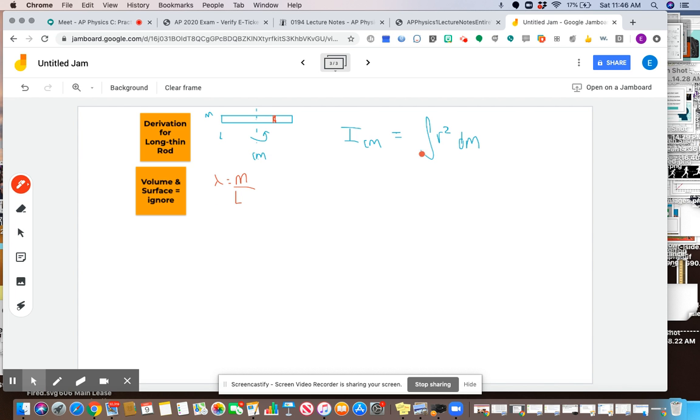We need an expression for the whole mass over the whole length compared to the linear mass density of just this tiny sliver, dm, with radius or length of dr, some really, really small length.